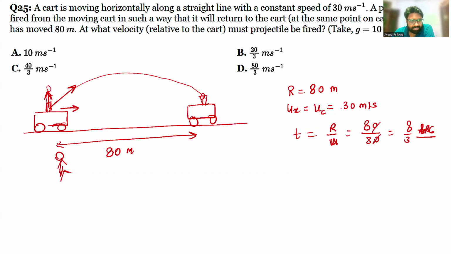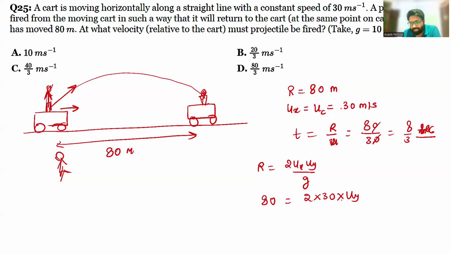Now this particular projectile has to return to the cart, which means it also has a range of 80 meter. So we can say that the range of the projectile is given by 2 times ux into uy divided by g. Range is 80 meter. Ux we have already calculated, which is 30.